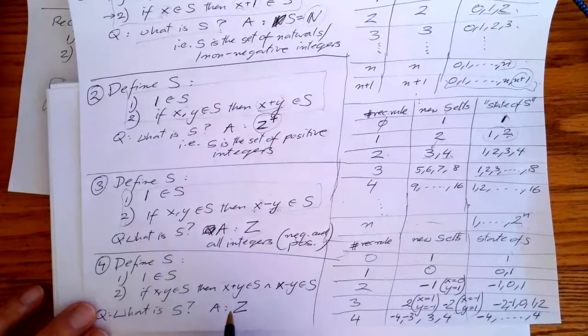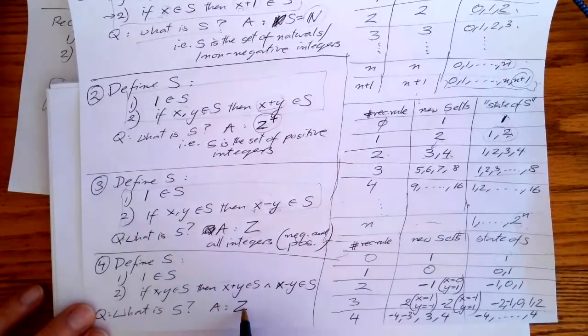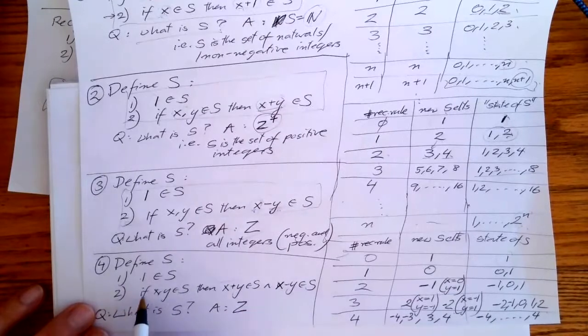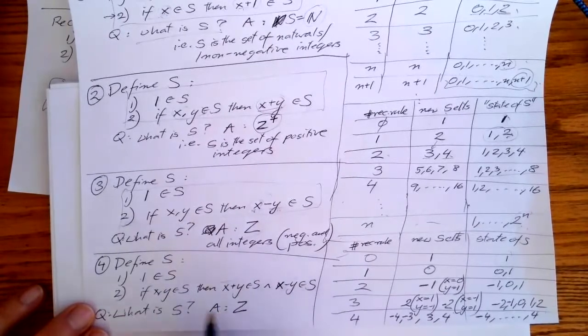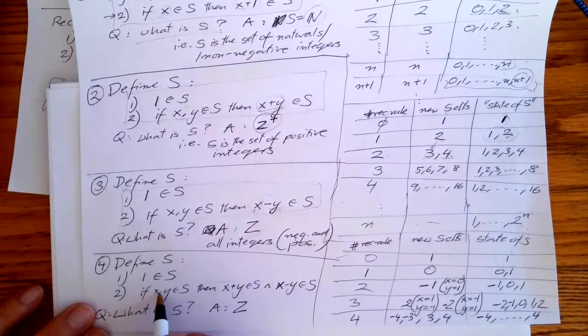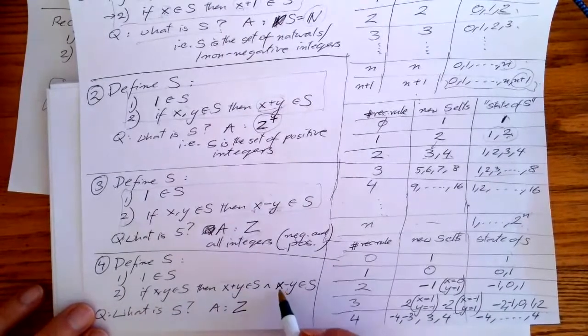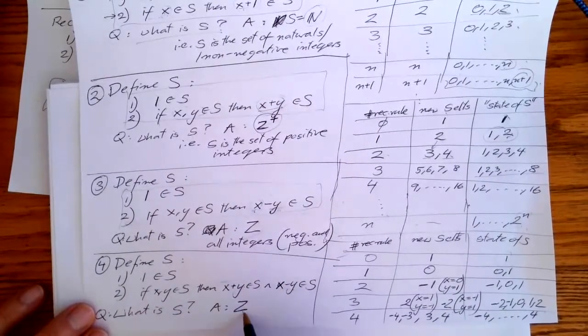You can test that this set satisfies both. The base case, obviously, yes, because Z includes 1, and this implication, does this set satisfy it? Yes, it does. No matter what integers x and y are, the sum of them is an integer, and the difference between them is an integer.